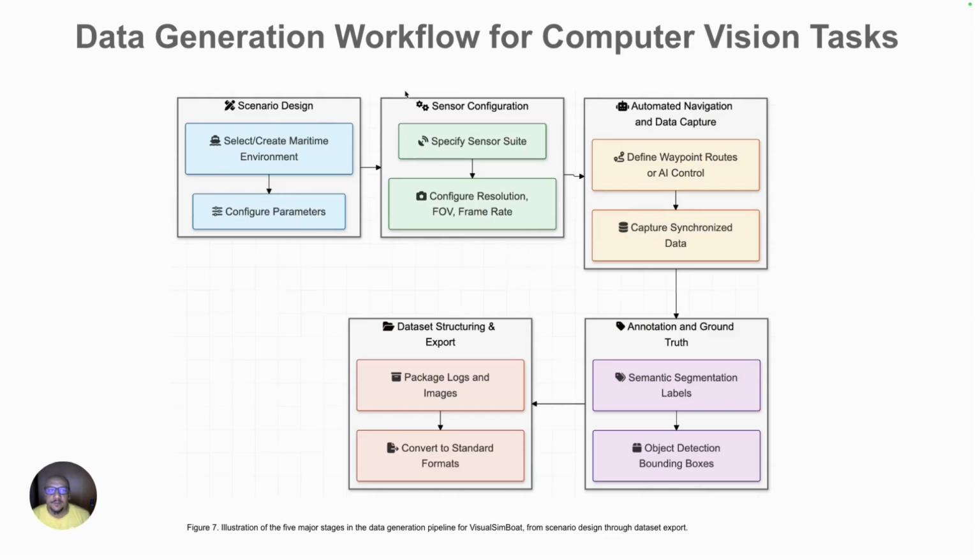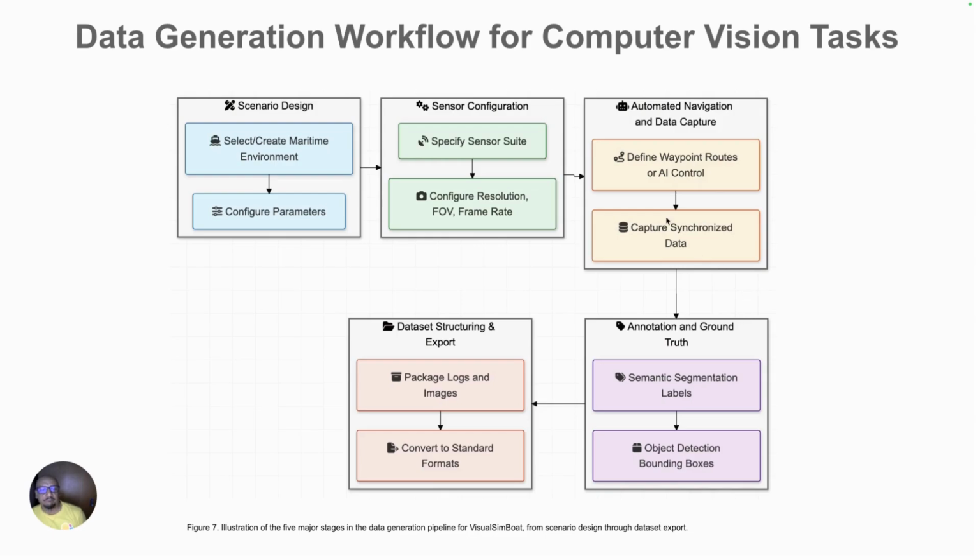And this is the workflow. For example, for a vision task, when I need a dataset for AI training, first I need to prepare the scenario, configure the sensors, automate the navigation and the data capture.